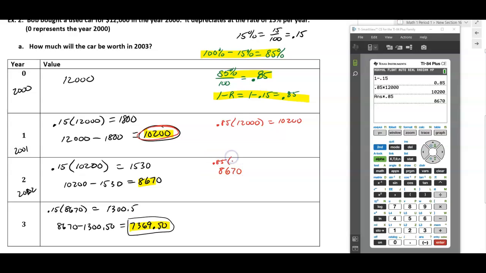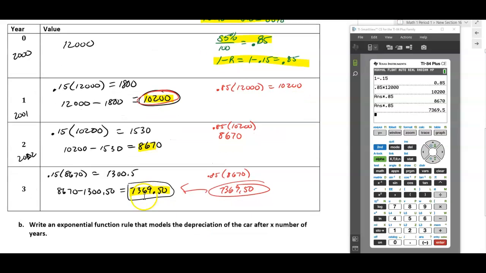So 0.85 times 10,200. And then after year 3, 0.85 times the 8670. If I multiply that again by 0.85, notice what you get, $7,369.50, which matches up there.